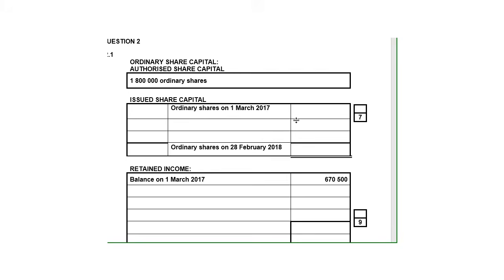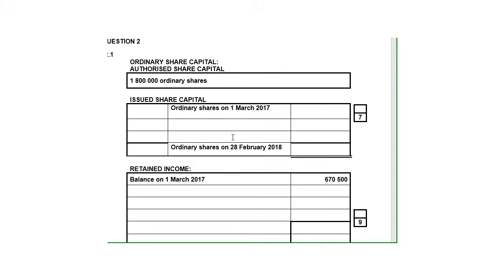That is now where we're going to work with the amounts. On the left hand side we'll have number of shares, and on the right hand side the amounts. Starts with the balance at the beginning, ordinary shares on the 1st of March 2017. To that we're going to add whatever new shares were issued during the year and deduct whatever shares were bought back.